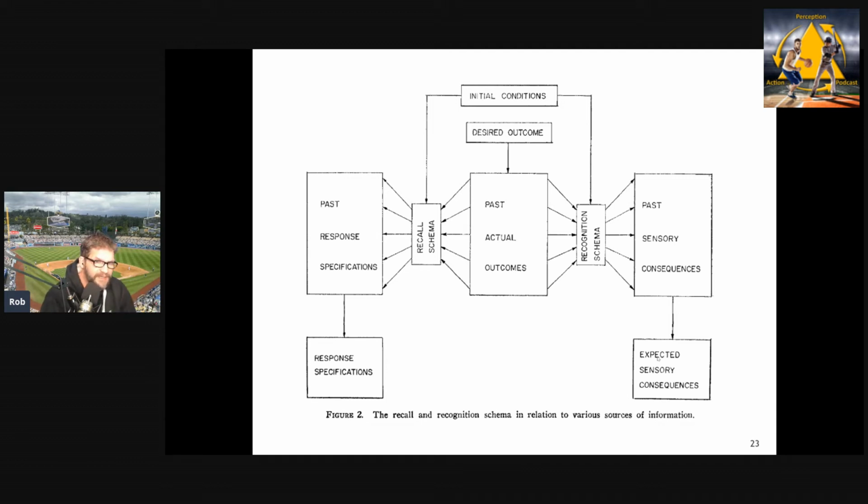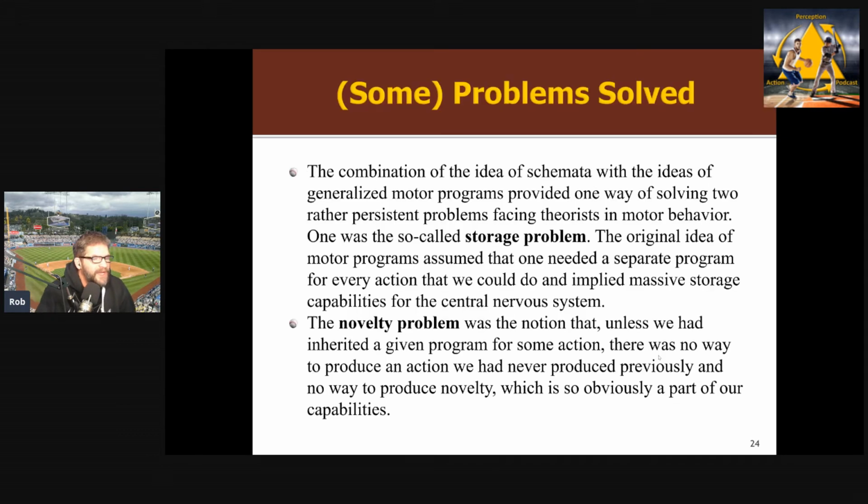And there have been a lot of experiments. For example, Gabby Wolf has done a lot of experiments testing ideas of the GMP that you can look at. I'm not going to review them all here. But the basic idea is that the introduction of this generalized motor program combined with schema solves some of the main problems with the basic motor program idea, mainly the storage problem, right?